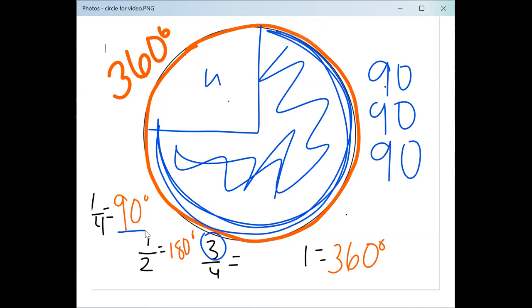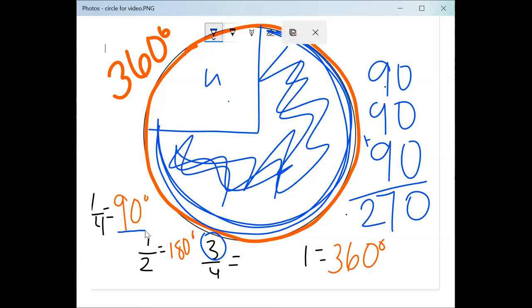Repeated addition or multiplication? 90 times 3 is 270. So if an angle covers 3/4 of a circle, it is 270 degrees.